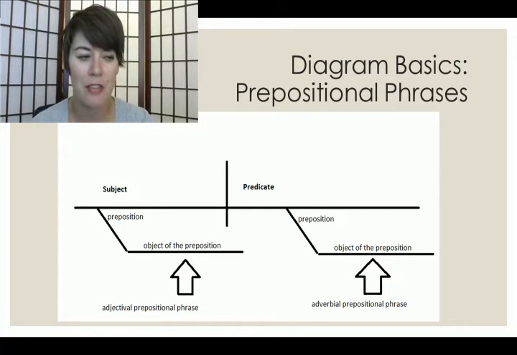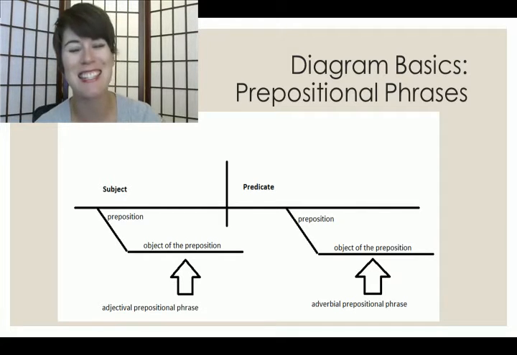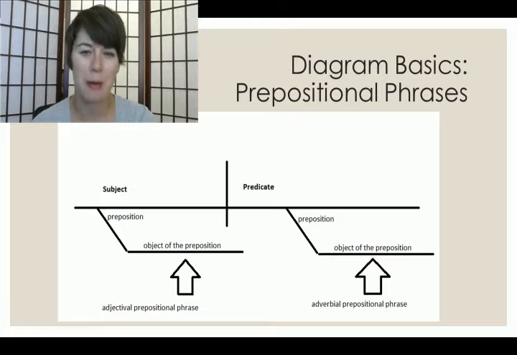And we'll do it on this little L-shaped thingamajig that sits underneath the main line. The preposition goes on the diagonal line, and the object of the preposition goes on the horizontal line connected to the diagonal. Sort of an L-shaped thingy is about as precise as I can get with it.